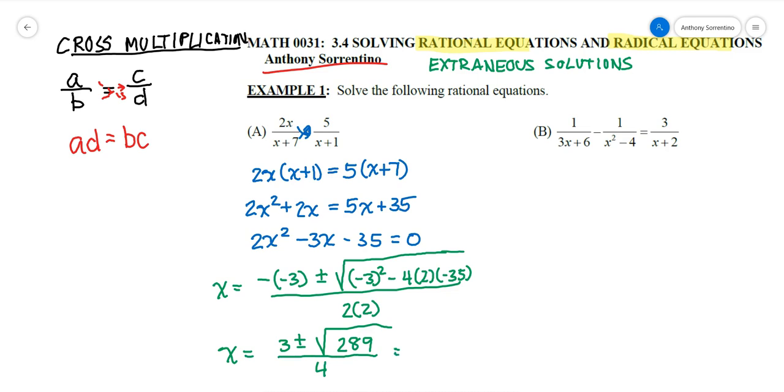The square root of 289 is 17, so I'm going to have 3 plus or minus 17 over 4. 3 plus 17 is 20, divided by 4 is 5. 3 minus 17 is a negative 14. And a negative 14 divided by 4 is a negative 3.5.